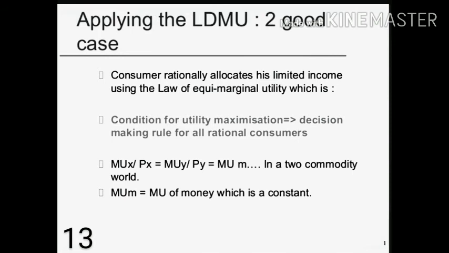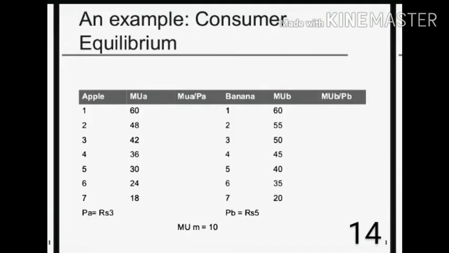In the equation, MU_x by P_x is equal to MU_y by P_y, equal to MU_m, in a two commodity world, where MU_m is the marginal utility of money, which is a constant. An example, consumer's equilibrium. This is the table showing consumer's equilibrium in equimarginal utility theory.